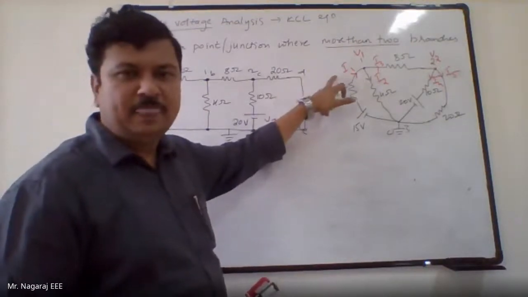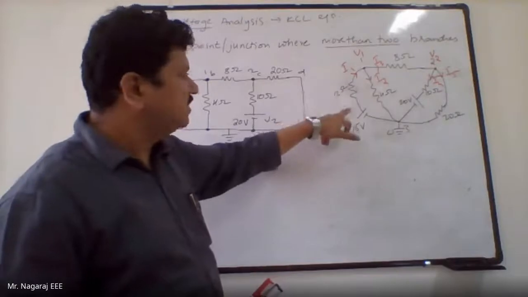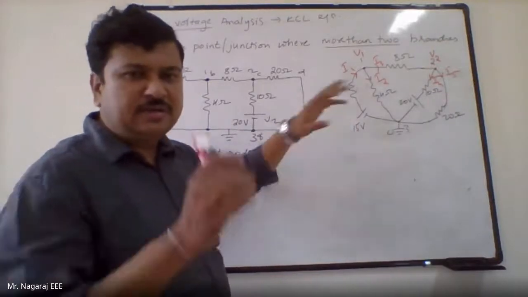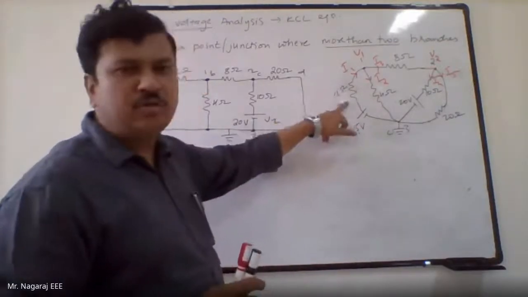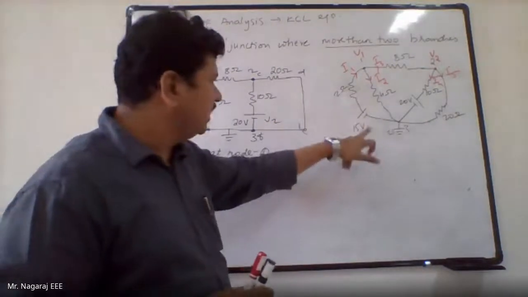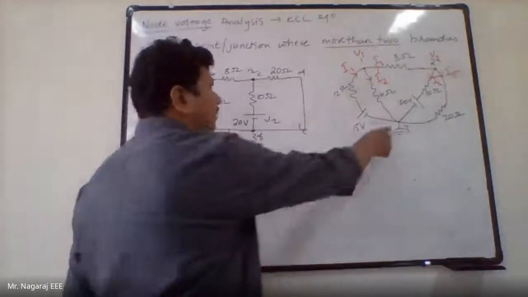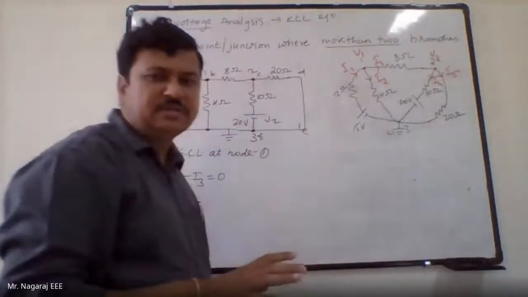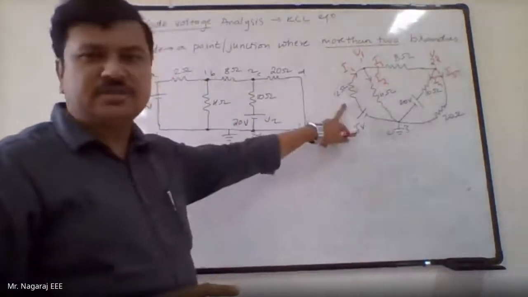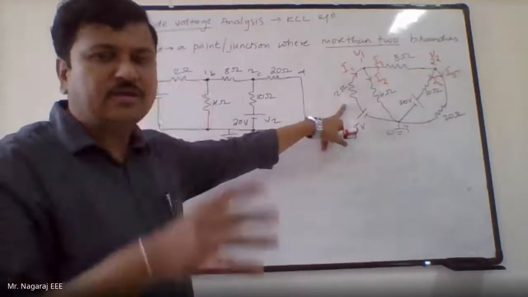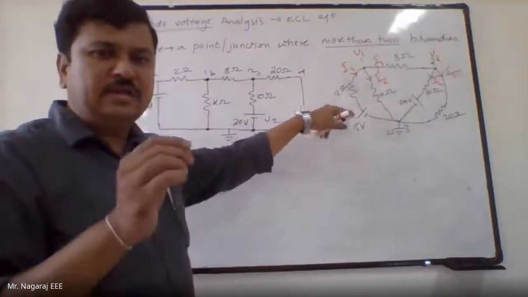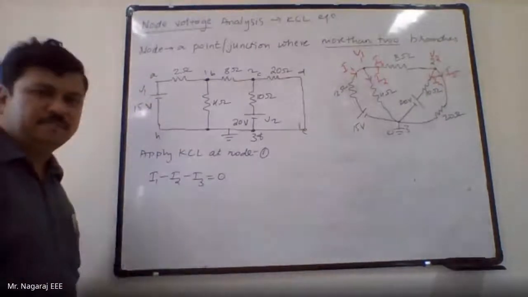I follow that direction of the current and write the potential difference responsible for the flow of this current. This current I1 is existing in this branch, which means there is some potential difference between 2 points of this branch. This negative is connected to ground. So between ground and V1, there is some potential difference existing across 2 ohms, and that is creating the current I1.